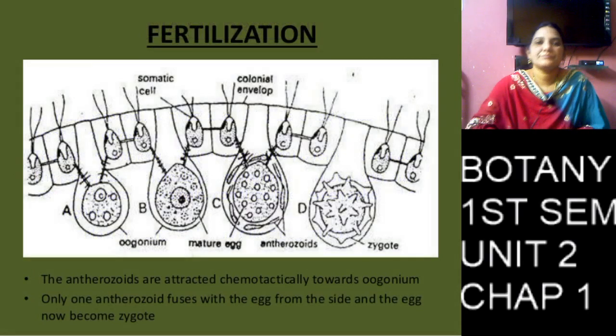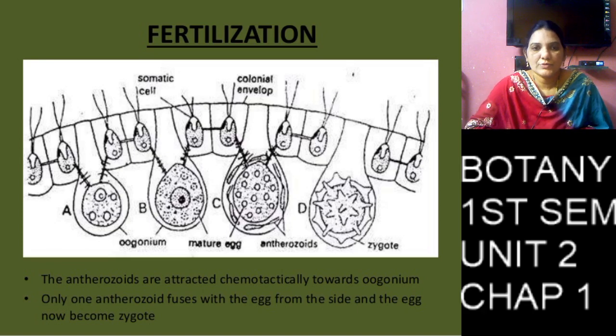Coming to the antheridium, at the time of sexual reproduction the volvox cell changes into antheridium. So the upper side of one cell is changed into antheridium.